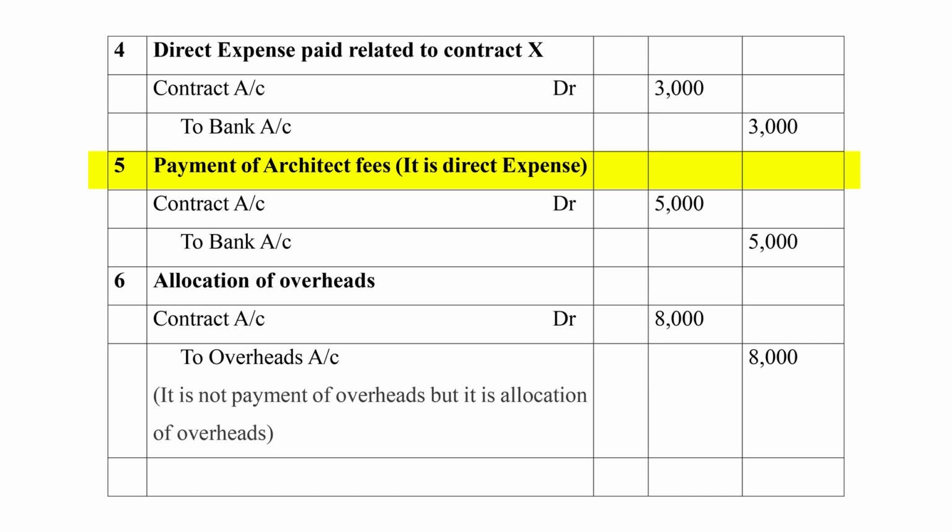It is direct expense. An entry is contract account debit rupees 5,000 to bank account rupees 5,000. 6. For allocation of overheads, contract account debit rupees 8,000 to overheads account rupees 8,000. It is not the payment of overhead, but it is allocation of overhead.